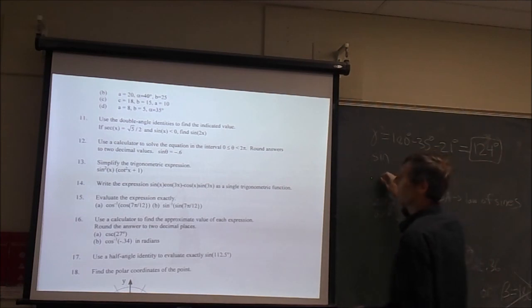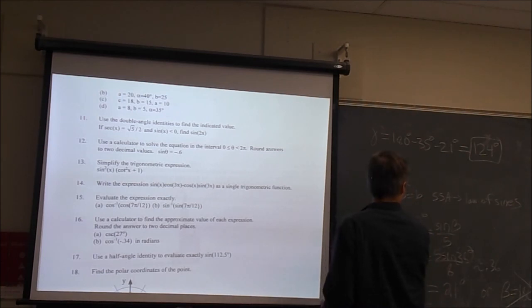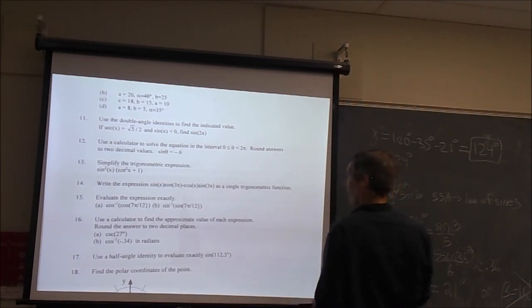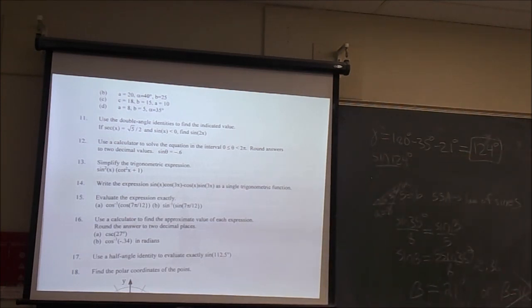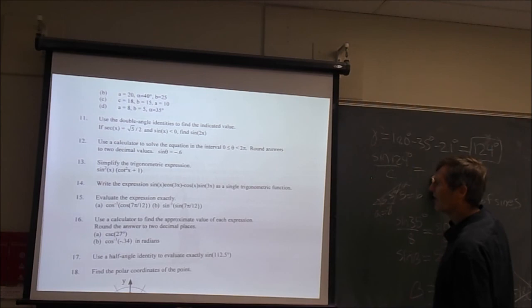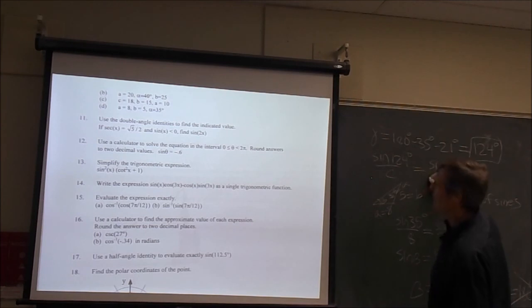So sine gamma, which was 124, divided by c is equal to sine alpha over a, sine 35 degrees over 8.